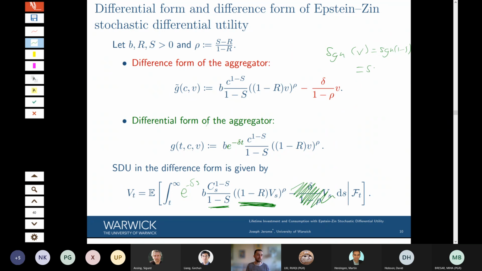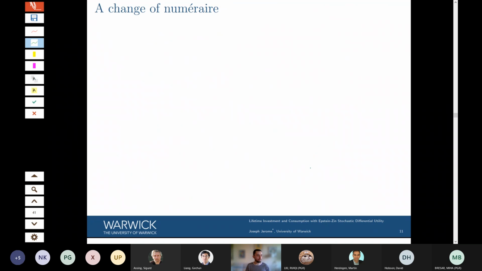So that's going to mean that we have to have this restriction. Basically this is saying that the sign of 1 minus r has to be the sign of 1 minus s. Otherwise, you're going to end up having this object here taking a different sign to the right hand side, so it's not going to have a well-defined solution.